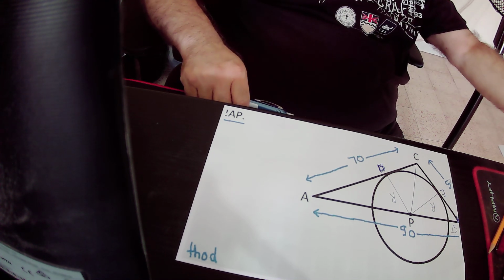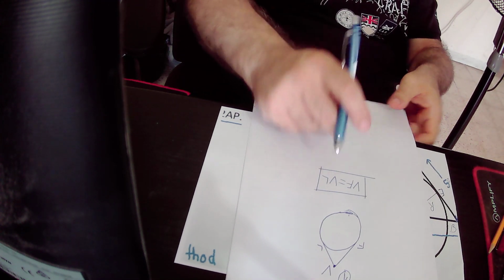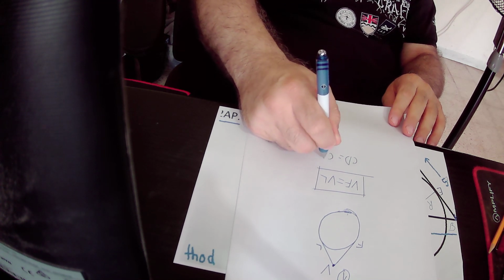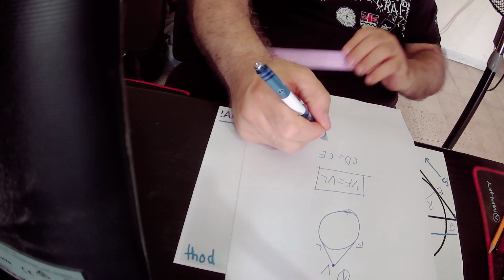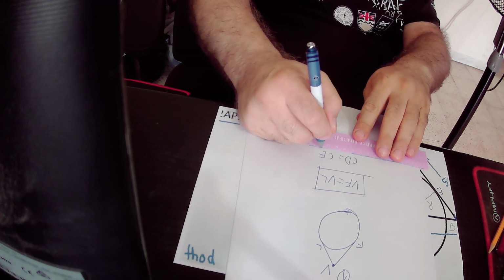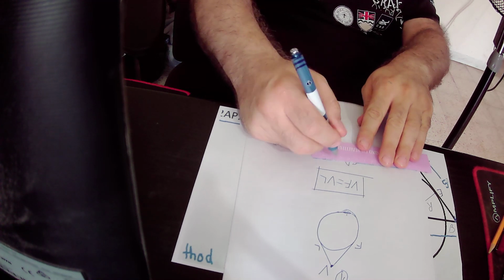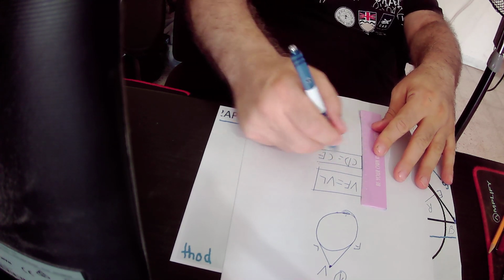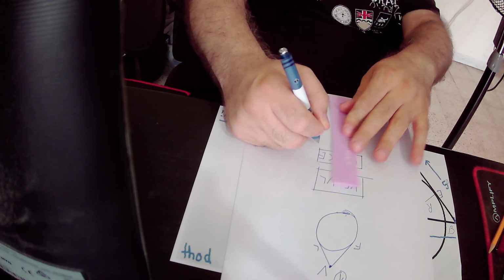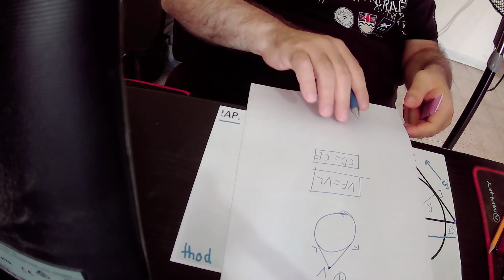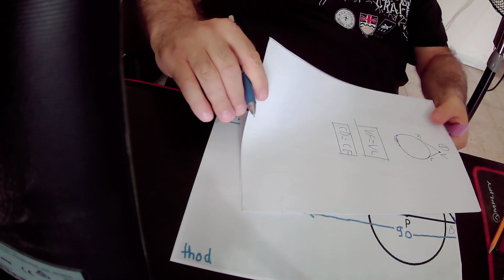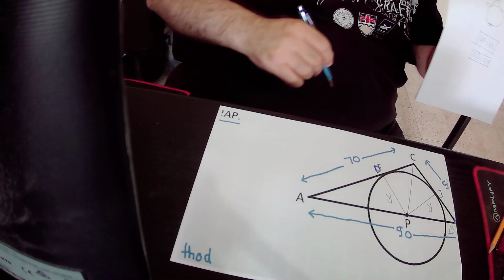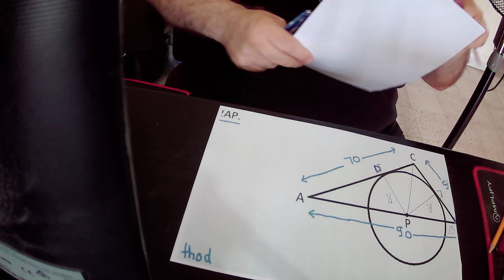So we can write that CD equals CE, because if you draw from an external point two tangents to the circle, then those two tangents are equal to each other. For that reason, CD equals CE.